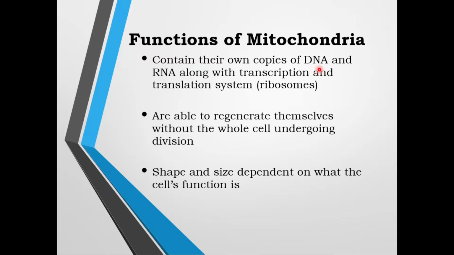मैंने आपको इसको एक्सप्लेन किया है पहले इस पॉइंट को, that number of copies of DNA and RNA along with transcription and translation system, यानी राइबोसोम्स के थ्रू वहाँ पे प्रोटीन का सिंथेसिस होता है, that is transcription and translation system भी होता है. Mitochondria are able to regenerate themselves, ये एक रीजनरेशन प्रॉपर्टी भी उनमें होती है.